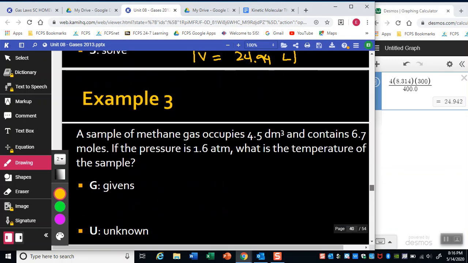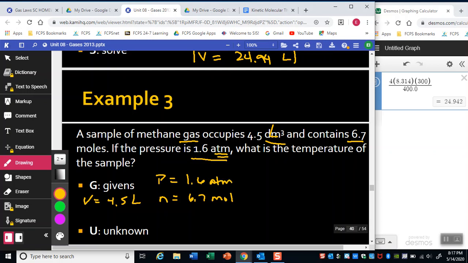What's the next one? Example 3. A sample of gas. Okay, so I'm thinking gas laws. A cubic decimeter, that's just a liter. All right, so my volume is 4.5 liters. And I've got 6.7 moles, so n equals 6.7 moles. My pressure is 1.6 atmospheres.